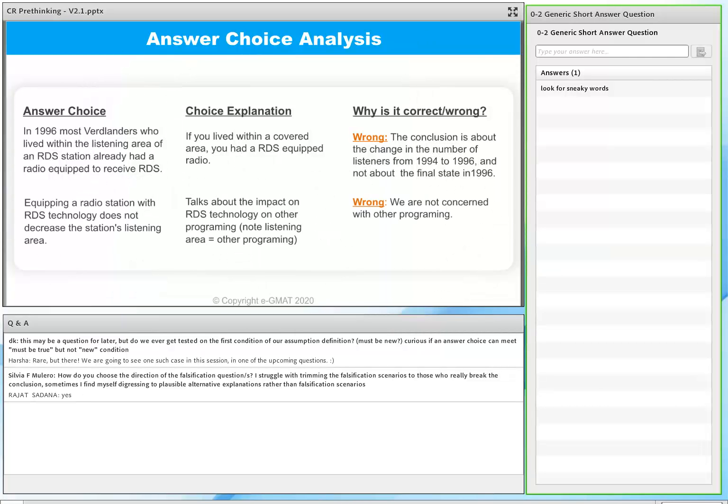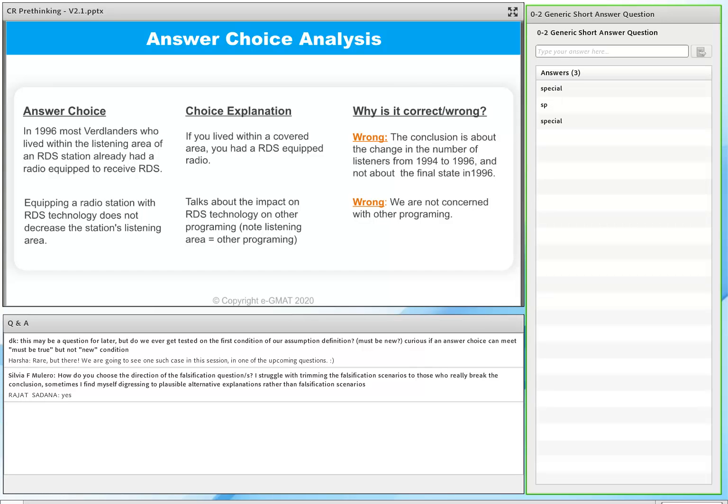Okay. Let's look at choice C. Choice C says, what happens when you equip a radio station with RDS technology? Now, in my conclusion, what kind of programming do I care about? Special programming, or RDS programming, let's call it that.